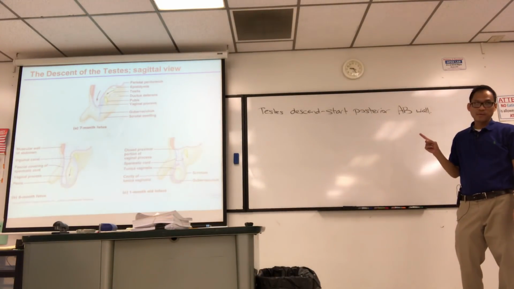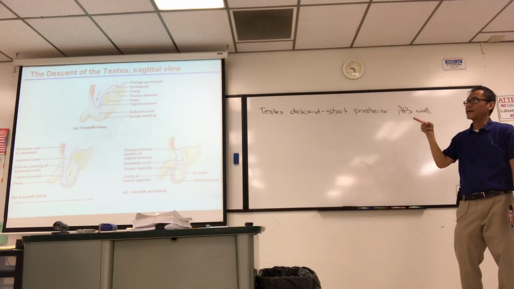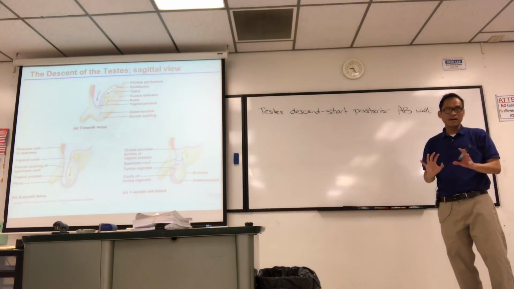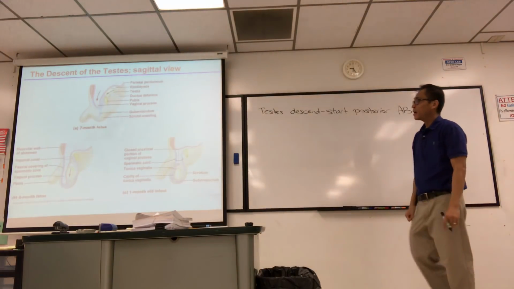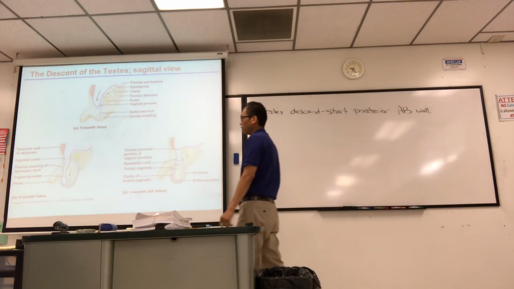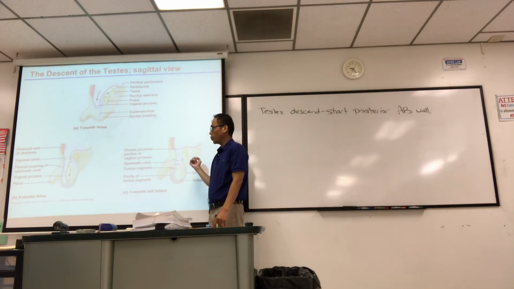If you look at the top figure, the gonad is behind the parietal peritoneum, which is the lining of the body cavity. The testes have to descend into the scrotum through the inguinal canal.